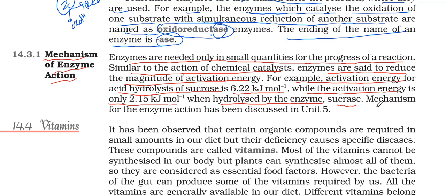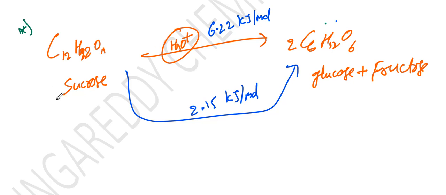Sucrase mechanism already we discussed. See what's happening here. What is the functioning of this? Activation energy for hydrolysis of sucrose. Sucrose is there. What is sucrose? C12H22O11 is there. While hydrolysis, it is forming C6H12O6. Okay. Now, the sucrose, while hydrolysis, it's forming glucose and fructose.